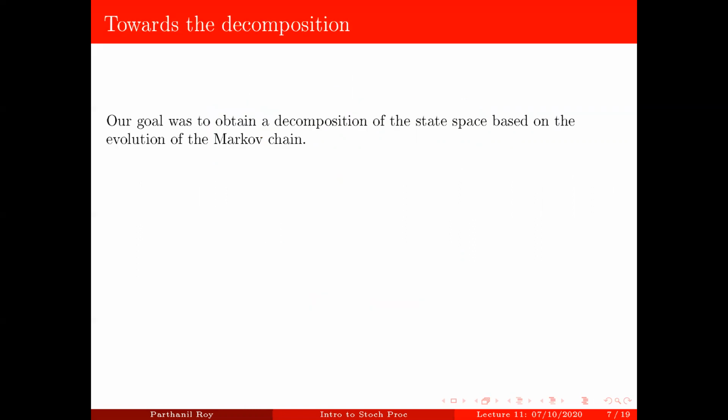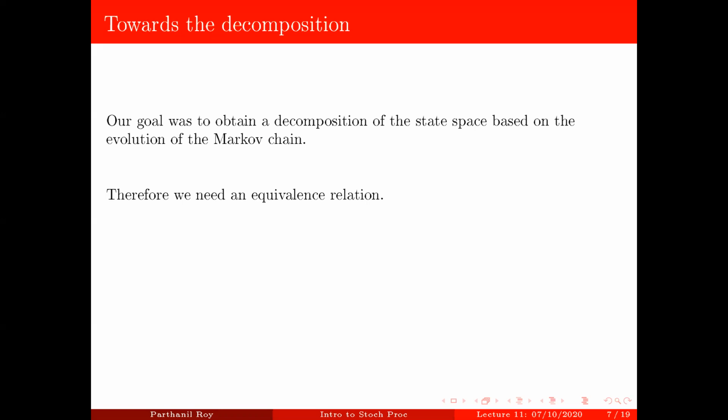Now remember that our goal was to obtain a decomposition of the state space based on the evolution of the Markov chain. Now decomposition just means a partition, and we know that any partition comes from an equivalence relation, and any equivalence relation gives rise to a partition based on the equivalence classes. So therefore, what we need is an equivalence relation.